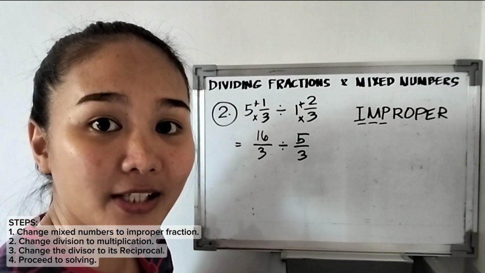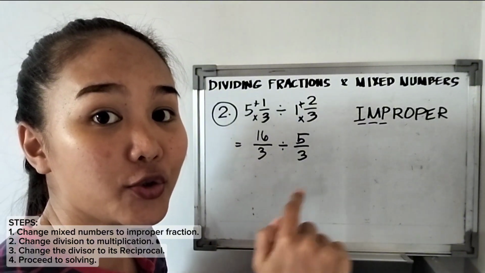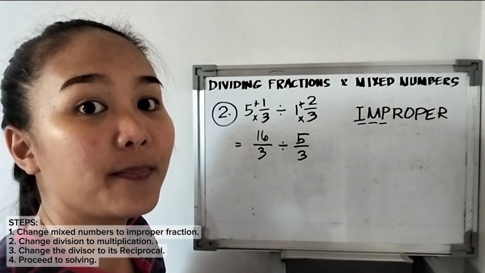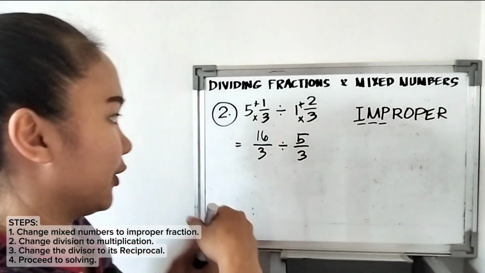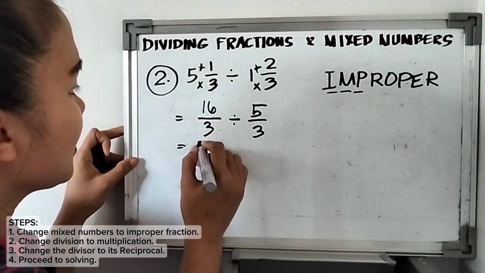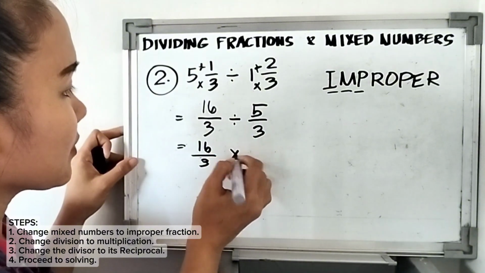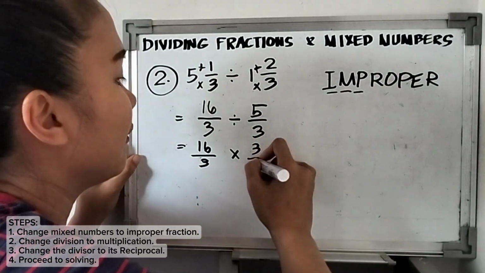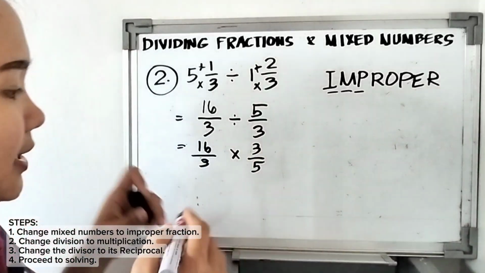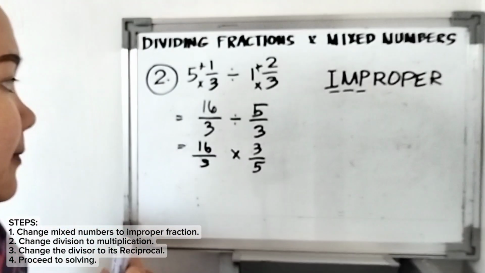And what's the second and third step? Change division to multiplication, and third, take the reciprocal of the divisor, the second term. So 16 over 3 times, what's the reciprocal? 3 over 5. Again, when we say reciprocal, it's just the opposite. As easy as that.